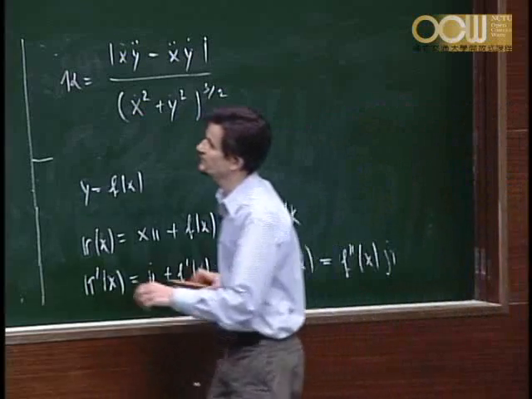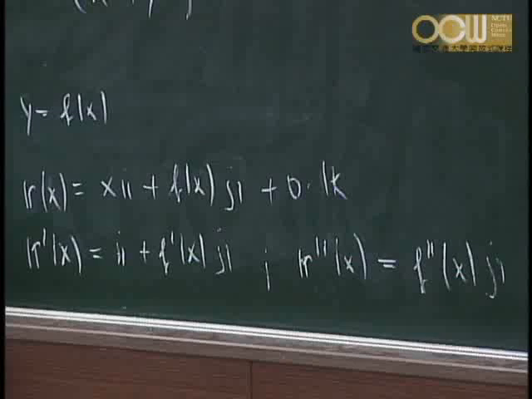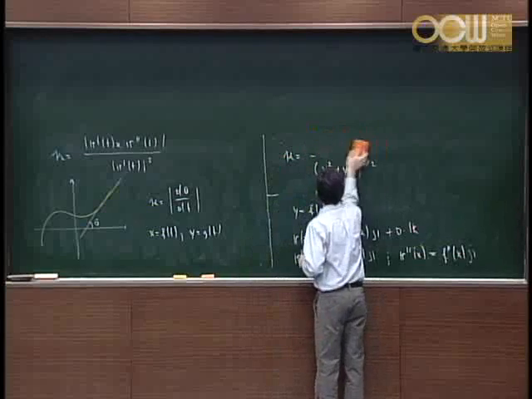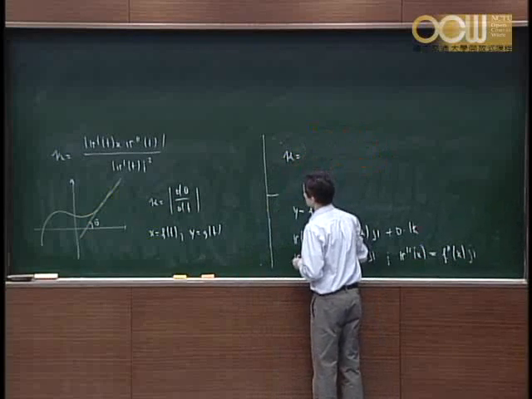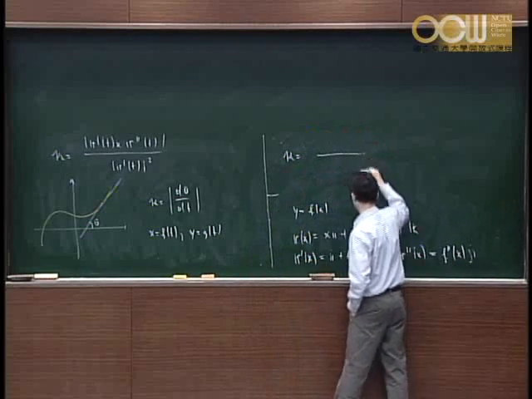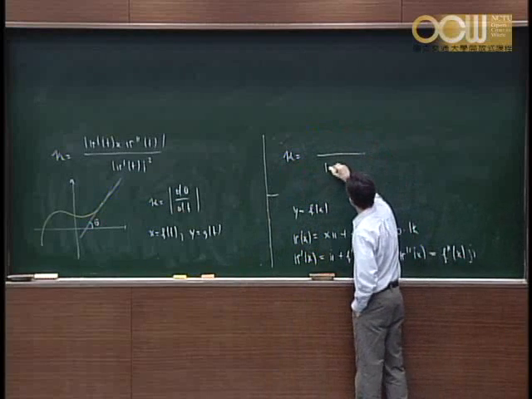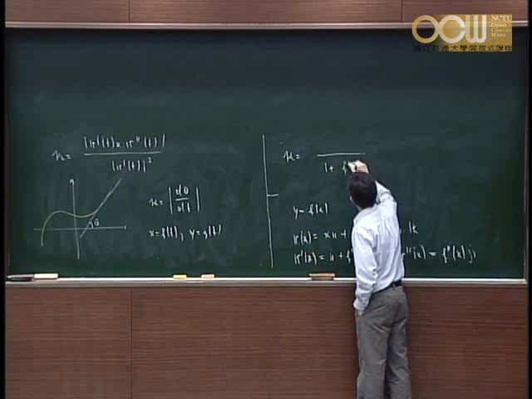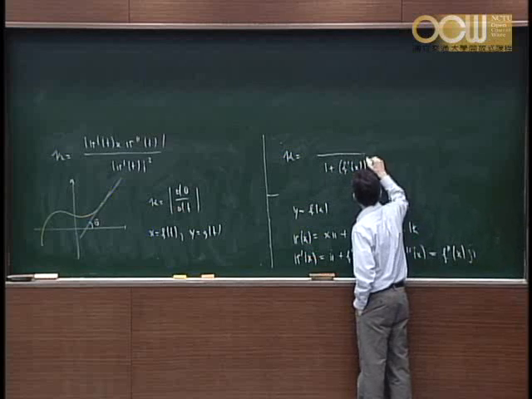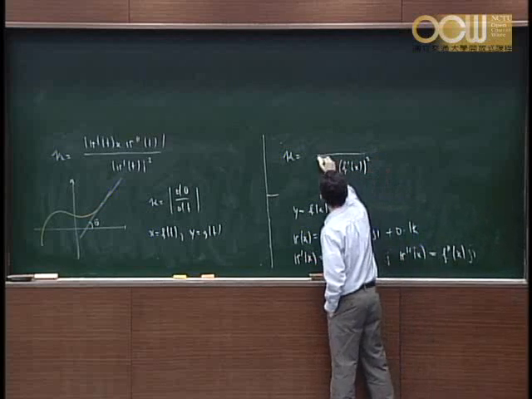So if I compute this here, what do I get? You see the denominator is easy. The denominator is this one. So I have 1 plus the first derivative of f squared, to the 3/2.